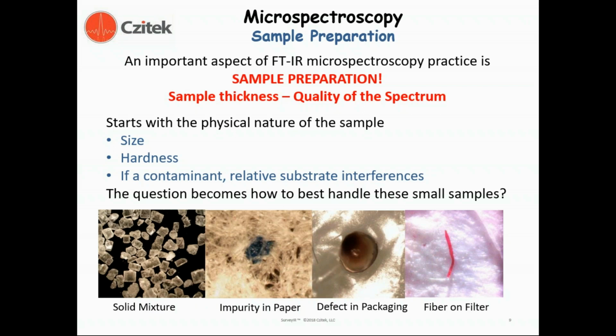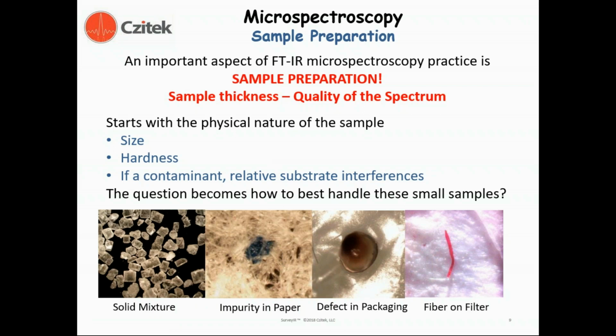So these are some examples which show the diversity of samples that one might encounter in FTIR microspectroscopy, including solid crystal mixtures. This is an embedded impurity in paper. Many times we would like to measure specimens like this with ATR because we don't have to prepare the sample.